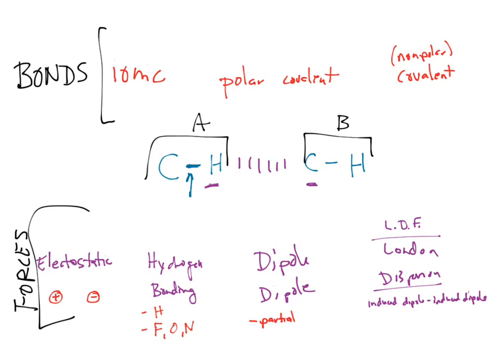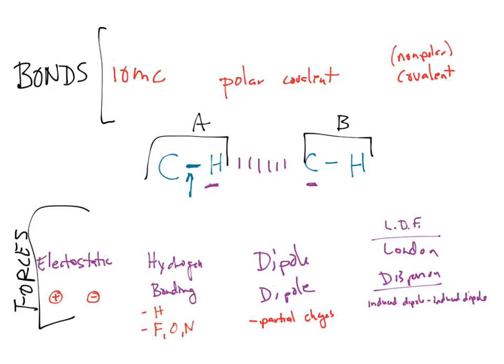If you have a nonpolar covalent compound, the strongest force it can get is a London dispersion force. If you have a polar covalent compound, it's polar because it has partial charges. With those partial charges, we could now potentially encounter hydrogen bonding.